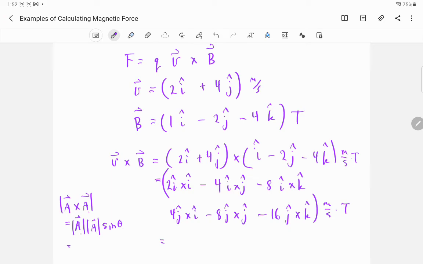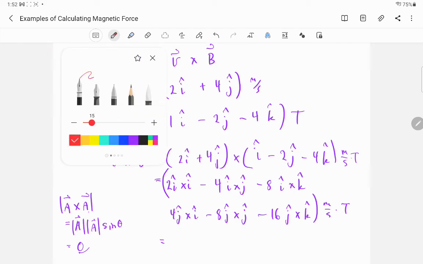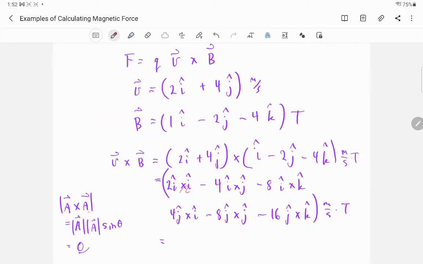So the angle between a vector and itself is 0, but the sine of 0 is 0, so the whole thing is 0. You take any vector, if you cross against itself, you will only ever get 0. So check it out. Can you see that that happens in what I'm showing you right now? i cross i is 0. j cross j is 0.